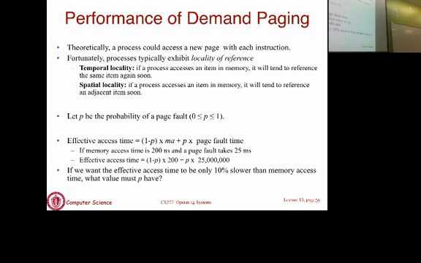So let's take the simpler case. Let's assume there's a page fault. What's the time to execute that instruction? What is happening during a page fault? You just load the page from disk. If you have a page fault, you're going to load the page from disk.